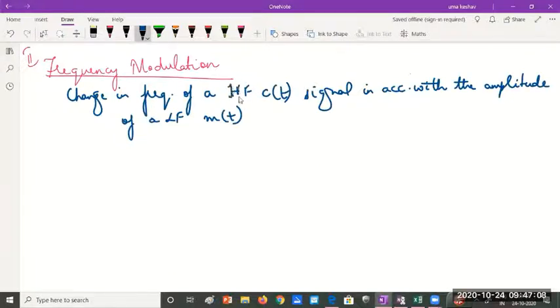Change in frequency of a high frequency carrier in accordance with the amplitude of a low frequency message. So similar definitions both have, except that here it is change in frequency of the carrier. In the previous one, it was change in the phase angle of the carrier. Otherwise, both depend on the amplitude of the message signal. Change in frequency of a carrier in accordance with amplitude of the message signal is known as frequency modulation.